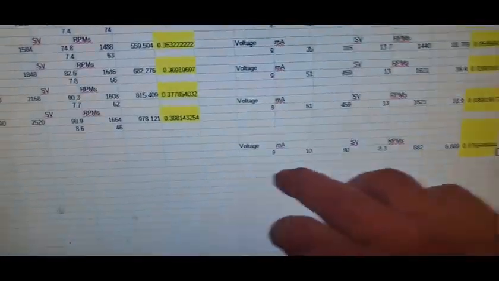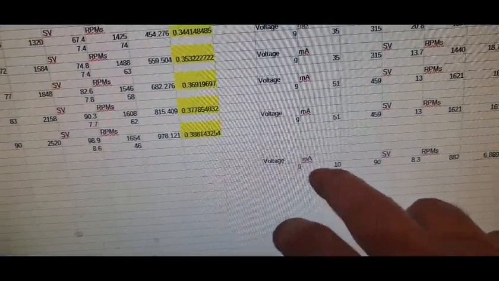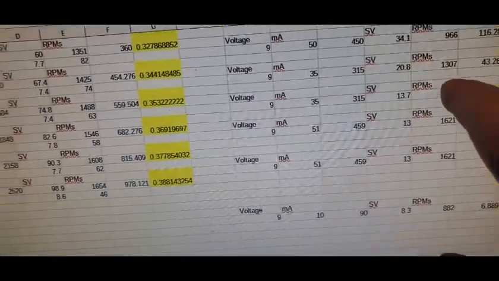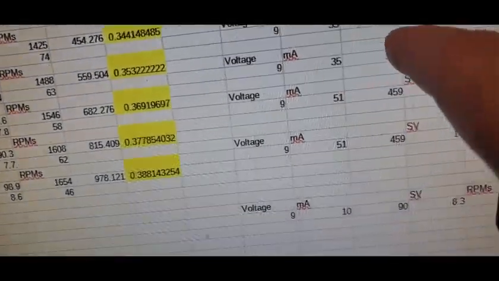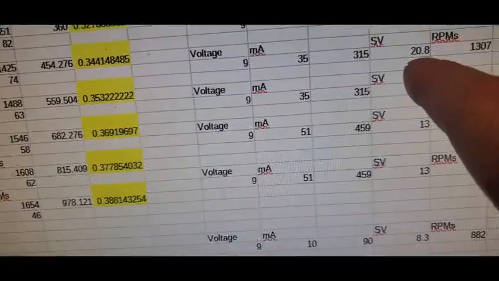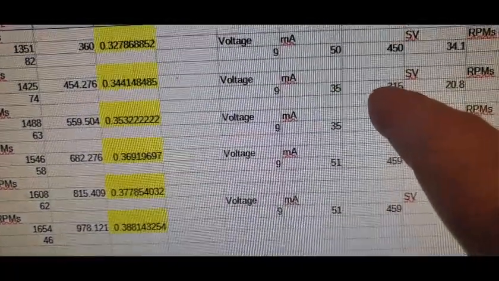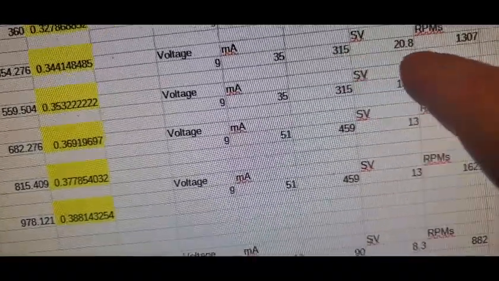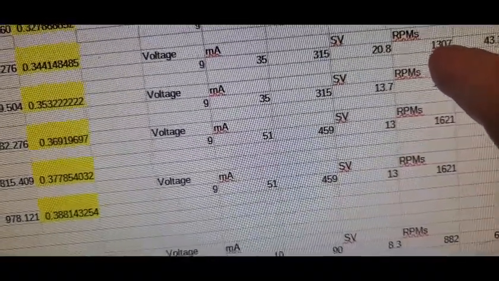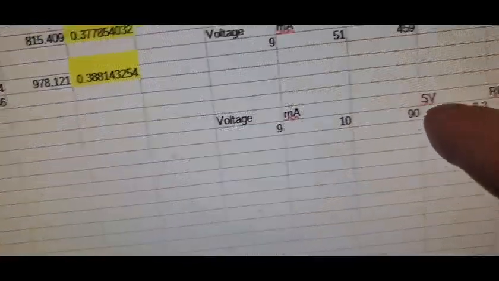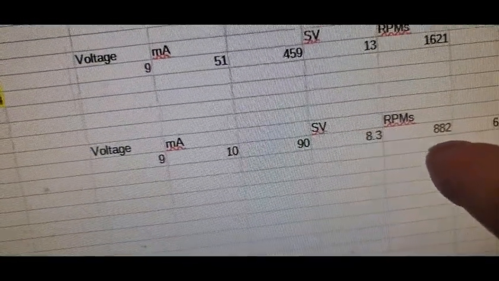So if we look at it on the spreadsheet, I wish I'd written down everything. It was close to this one. This one was 935, and so on and so forth. And so for 315 milliwatts, you were getting 1307 on the RPMs. Here for 90 milliwatts, you're getting 882.